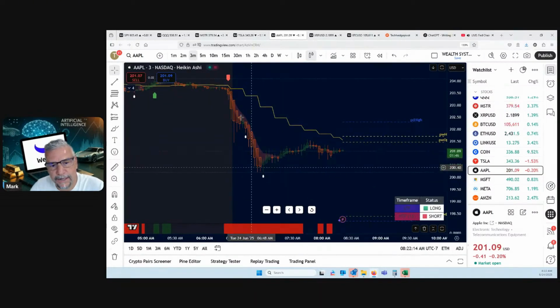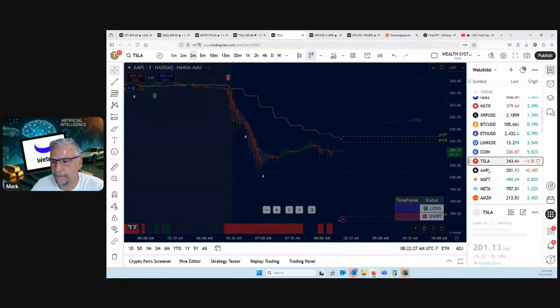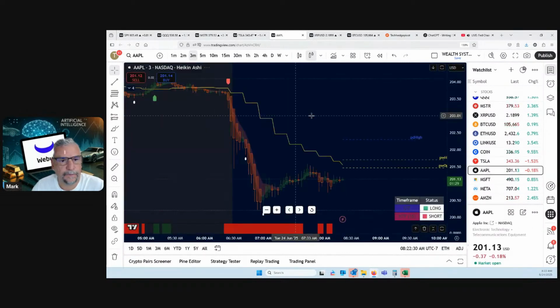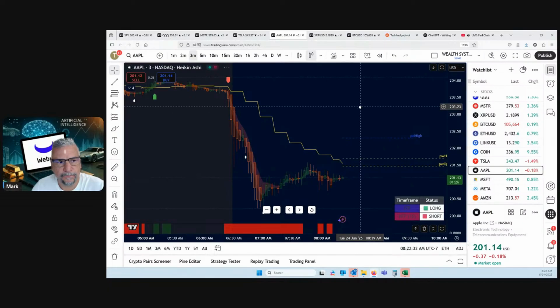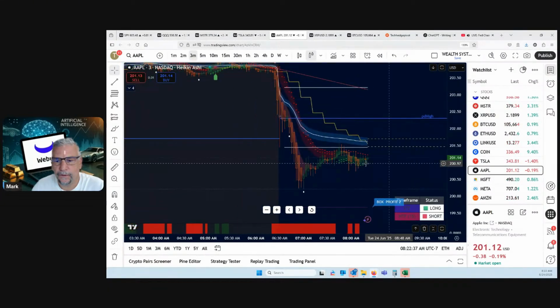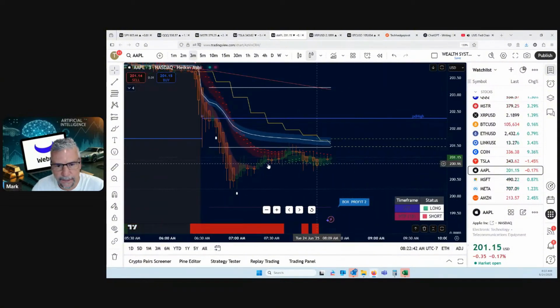And so Apple again is kind of sideways consolidating. So yeah, we still got some consolidation on Apple. So we will wait to see which direction it decides to go in.